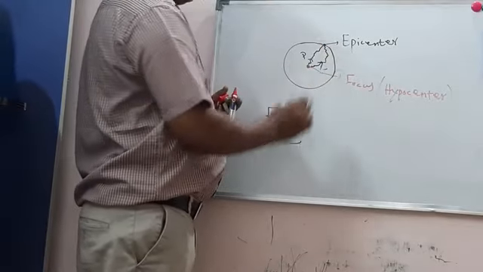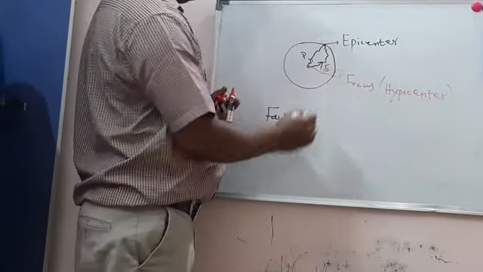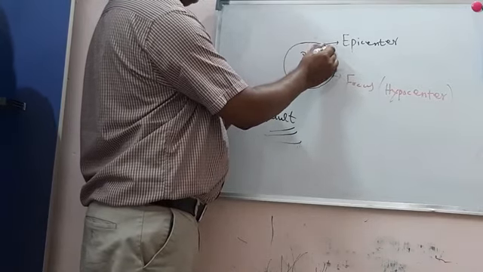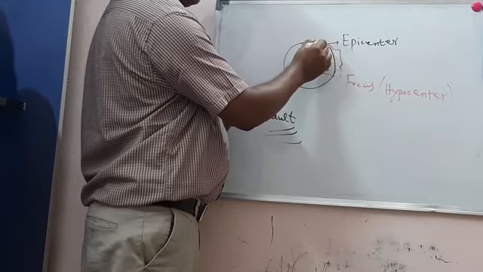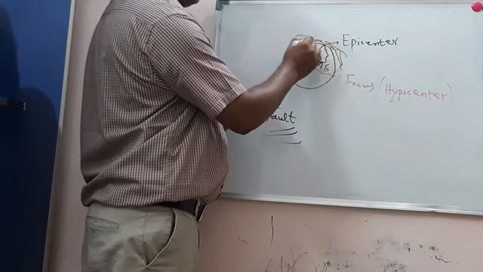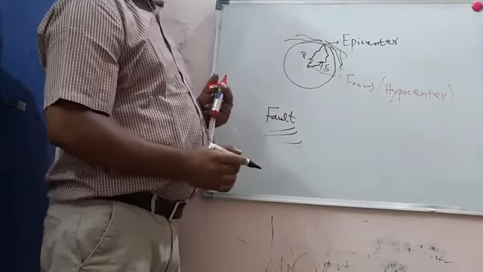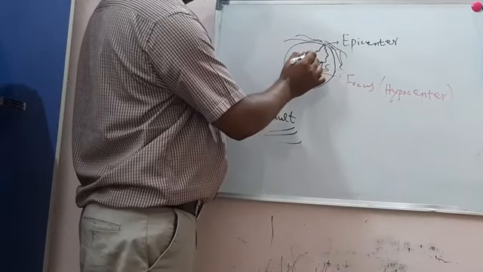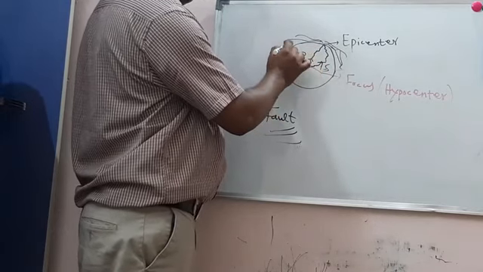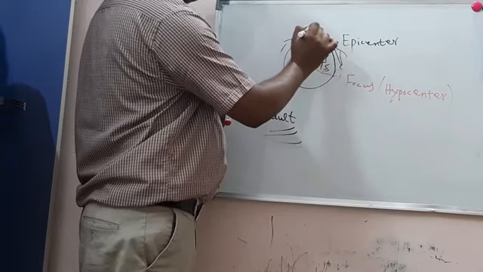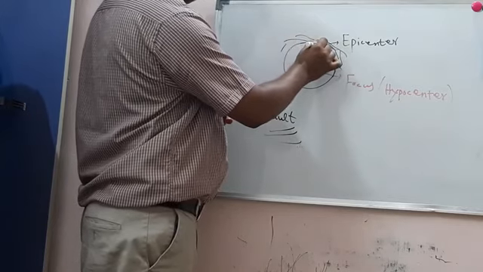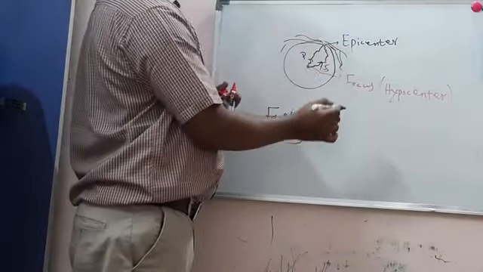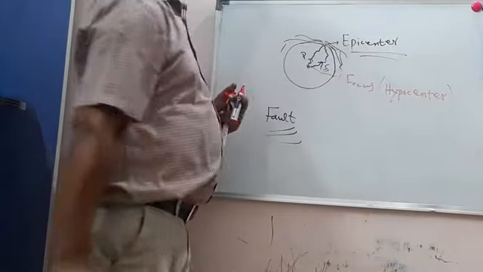And when P and S waves reach the surface, from there they start to emanate as surface waves. The point on the surface of the Earth from where surface waves emanate is said to be the epicenter.